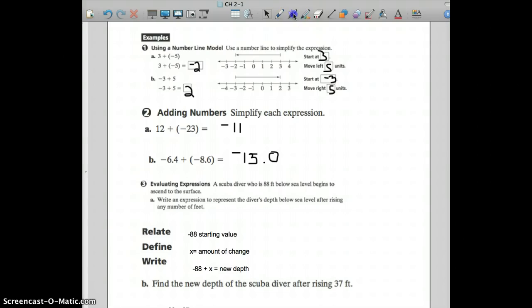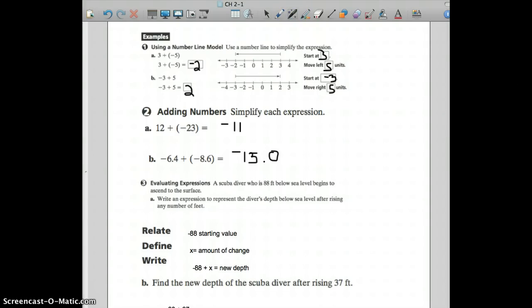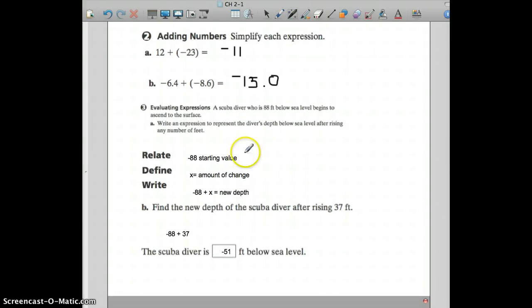Our third example in evaluating expressions, we're looking at a scuba diver who is 88 feet below sea level, and he begins to surface. So we are going to think about his starting value of -88. That represents the 88 feet he is below sea level.